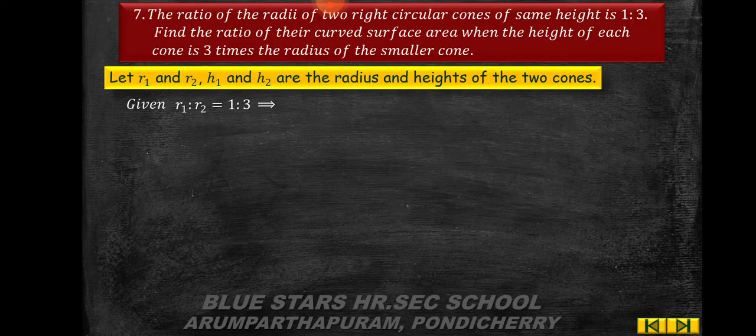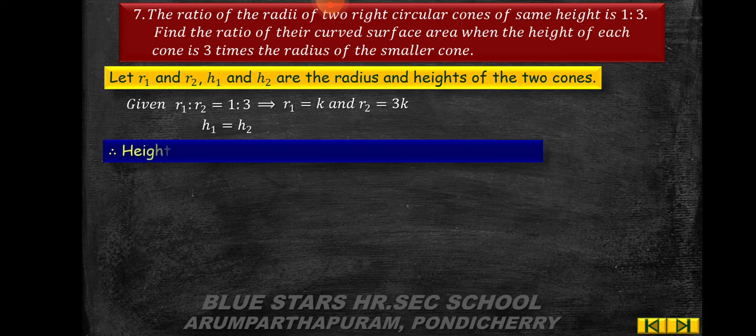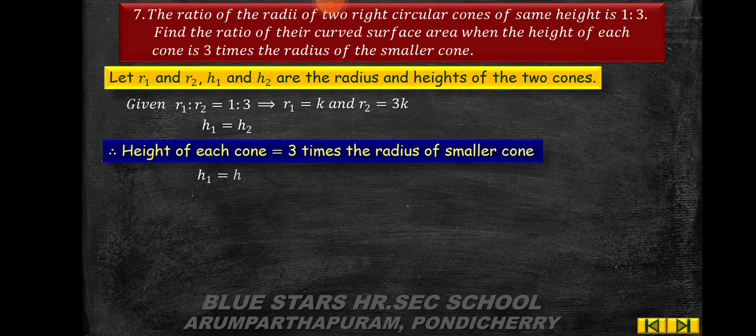So given R1 is to R2 is equal to 1:3, which implies R1 is equal to K and R2 is equal to 3K. H1 is equal to H2 because the height of the two cones are equal. So height of each cone is equal to 3 times the radius of the smaller cone, as given in the question. So H1 is equal to H2 is equal to 3K.